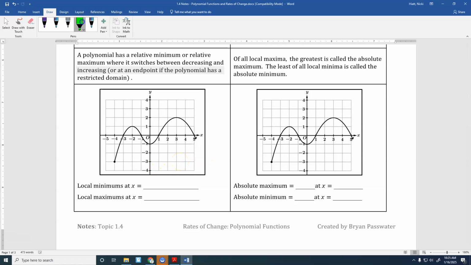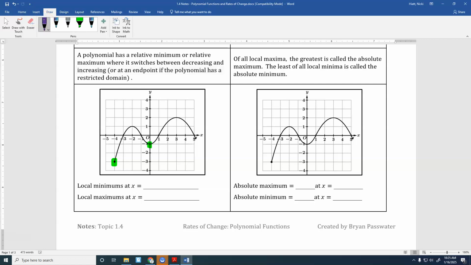So if we're looking for local minimums, that would be any point where we switch from decreasing back up to increasing. So that would happen right here. It is also going to include this endpoint right here, because that is a low point there.